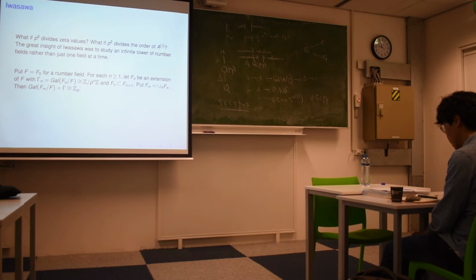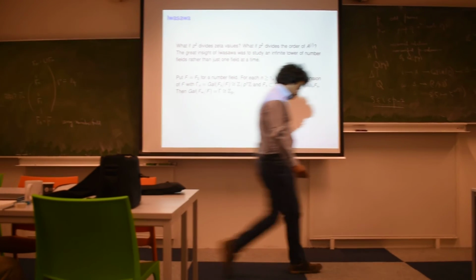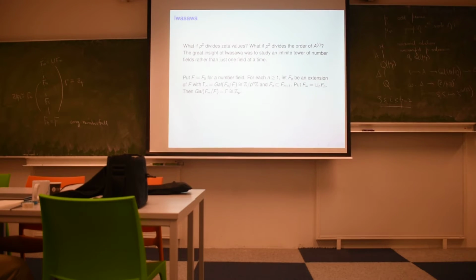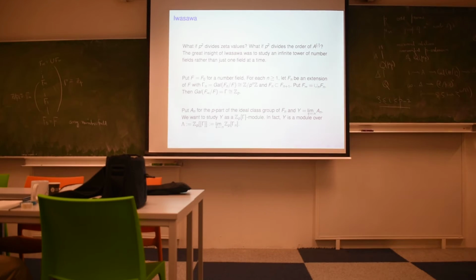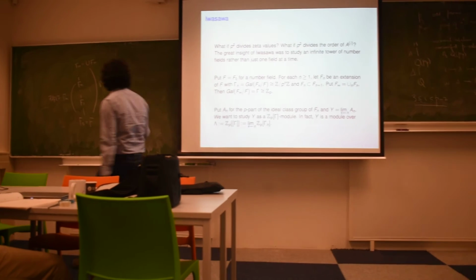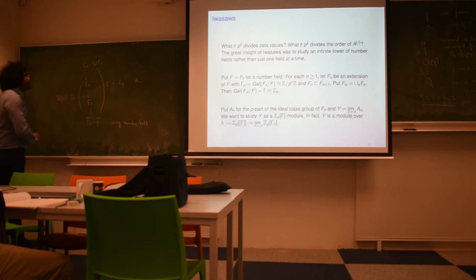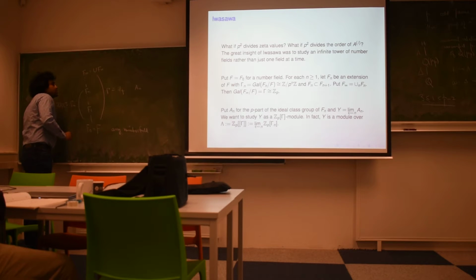So we look at this tower, and then on top of it, let me stick to my notation. I can look at the ideal class groups of each of these, the p part of the ideal class group of each of these, using class field theory.